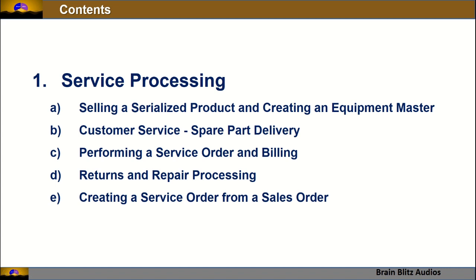As I said, for service processing, we first sell a product, then that product we sold, we create it as an equipment master. Now, that equipment master you have in your system, and we are giving the service. For the service we give, if any spare part is required, how do we deliver it, and then we can see if a certain kind of service is executed outside the warranty.